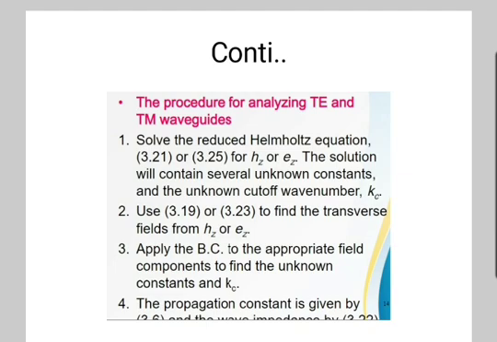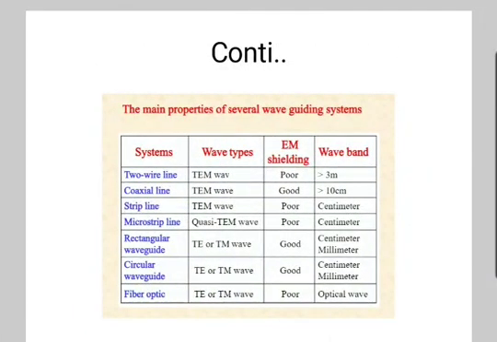Step 3 is to put the boundary conditions to suitable field components to find the unknown constants and Kc. And step 4 is the propagation constant, expressed by Kc squared is equal to K squared minus beta squared, and the wave impedance.